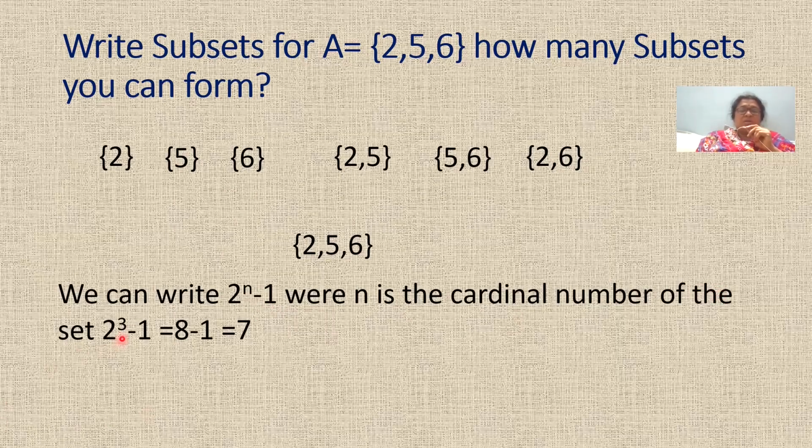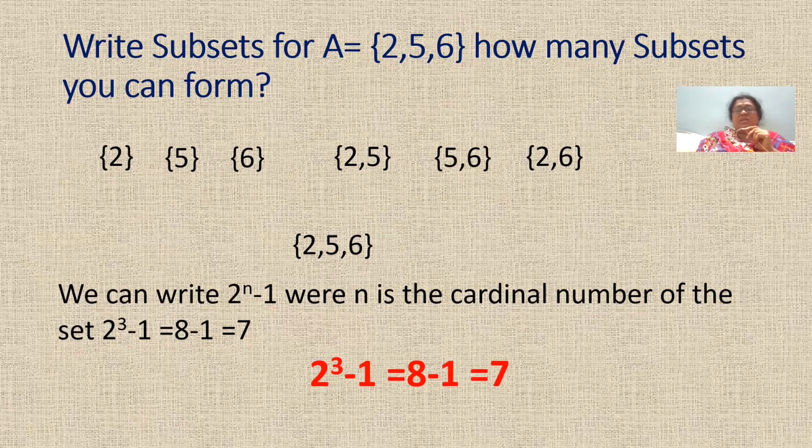So here, the elements in set A are 3. So 2 to the power of 3 minus 1, that is 8 minus 1, 7. Therefore, 7 subsets can be written. See, this is 1, 2, 3, 4, 5, 6, and 7. So the number of subsets is 2 to the power of 3 minus 1, which is equal to 8 minus 1, that is 7 subsets.